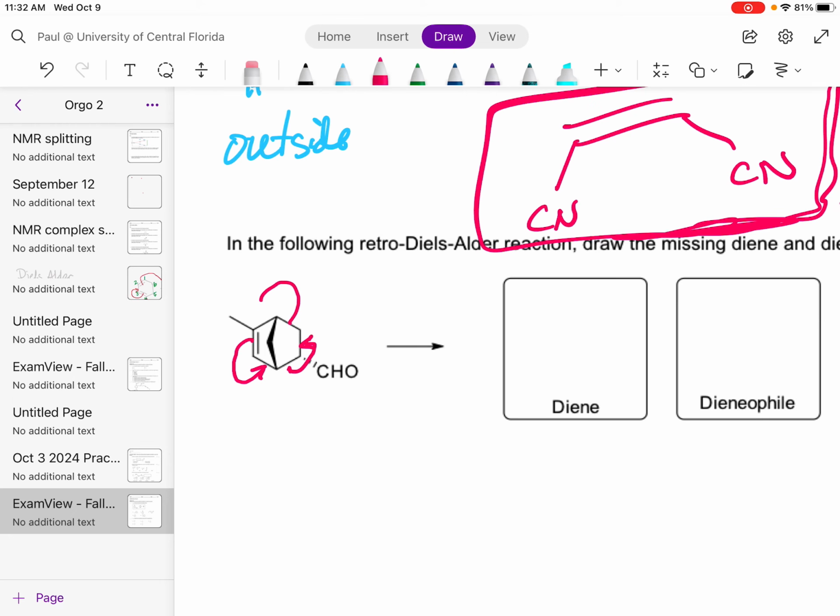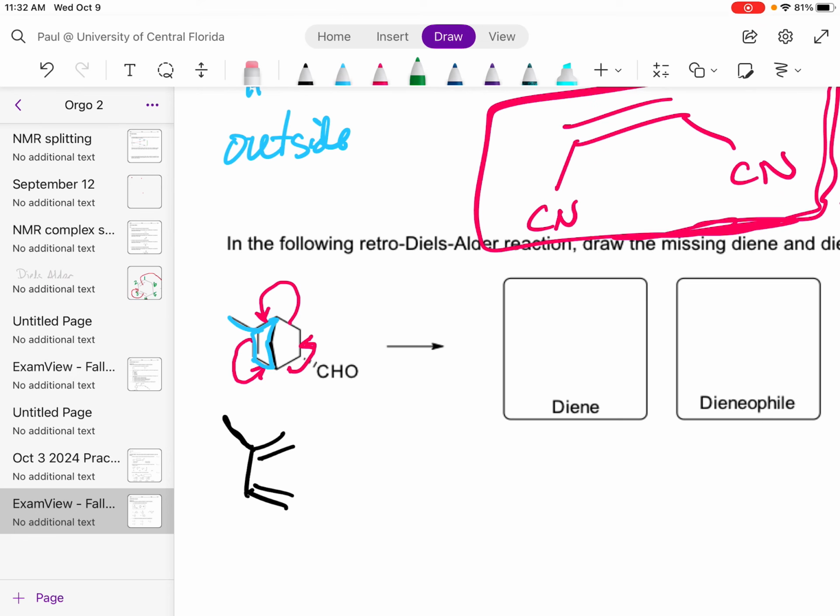Then that single bond would have to go there. And when we draw what we see, we're going to have this bond, this bond, this bond, a double bond there, double bond there, and then we would have our methyl group right there. Okay, so that piece that I just drew came from these carbons right there.